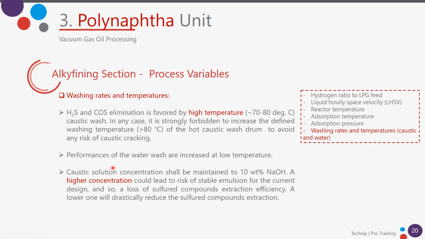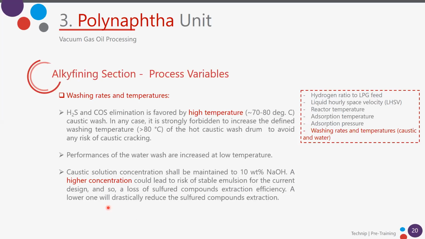What about the concentration? Remember, when we talk about caustic wash, we are talking about using this 10% sodium hydroxide solution, okay? And we have to keep it at 10%. If we have a higher concentration, we can have the risk of a stable emulsion for the current design, and so we will have worse extraction of our sulfur compounds.